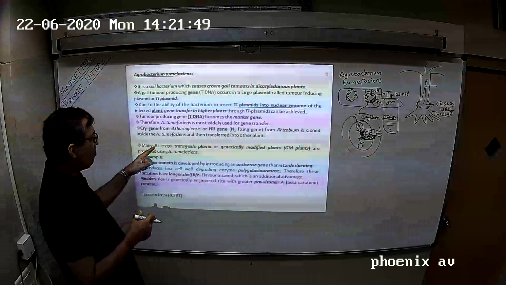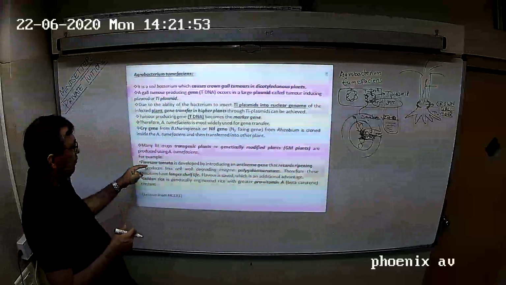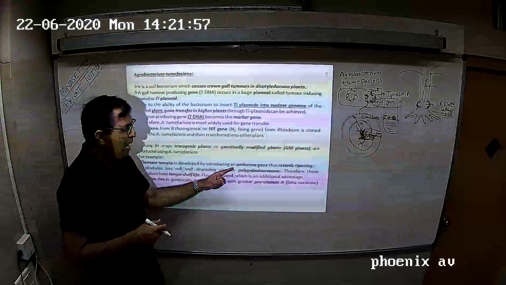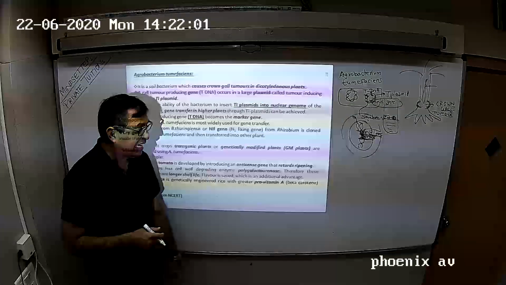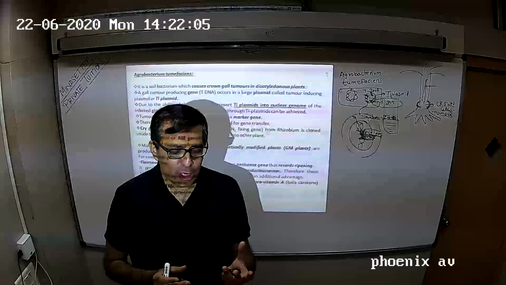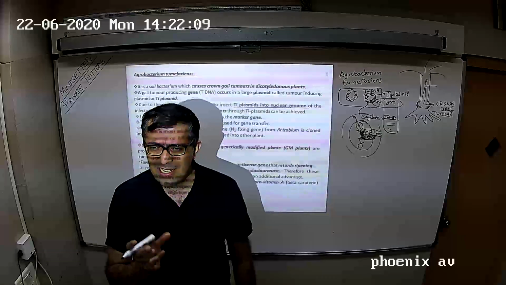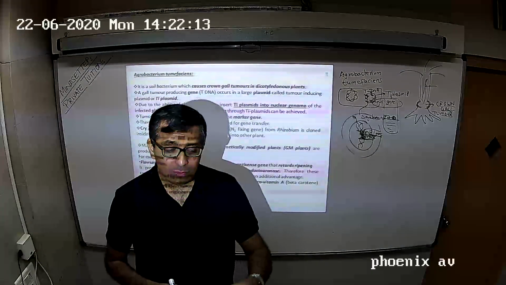And we have got many genetically modified plants. Say, for example, the Flavr Savr tomato is developed by introducing an antisense gene that retards ripening. Sir, tomatoes compared to potatoes, onions, tomatoes का एक प्रॉब्लम है, tomatoes का shelf life बहुत कम होता है.